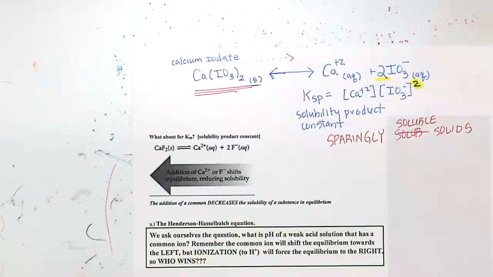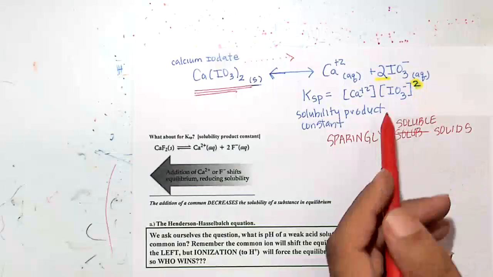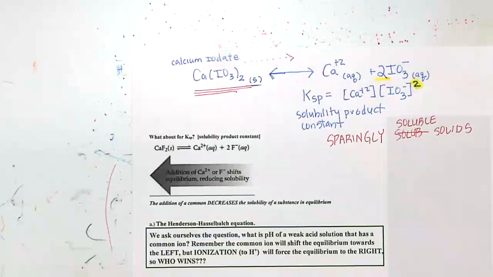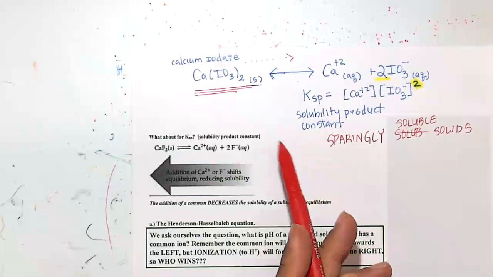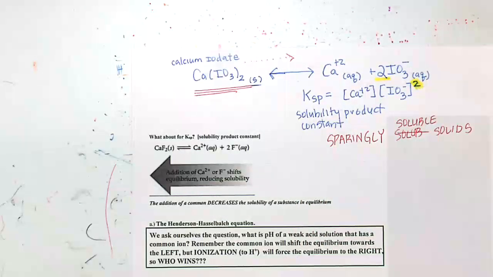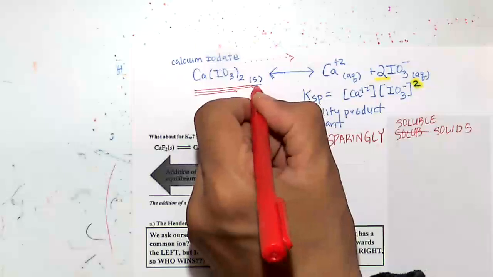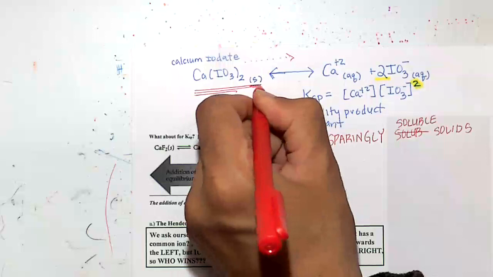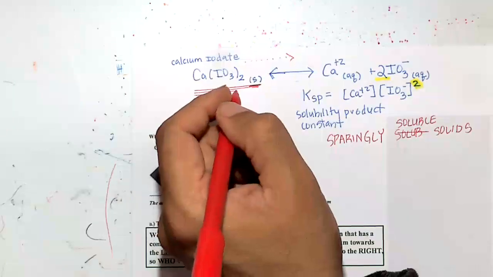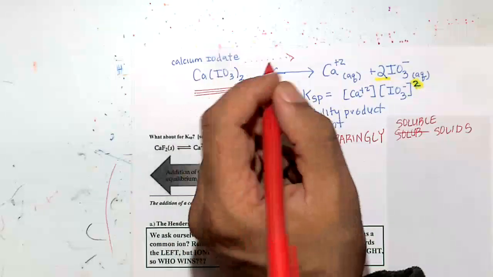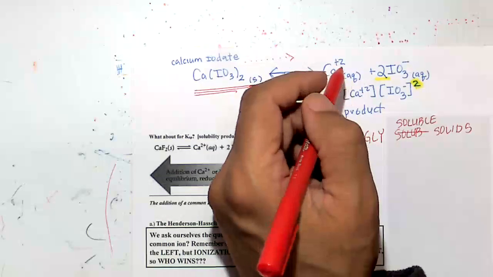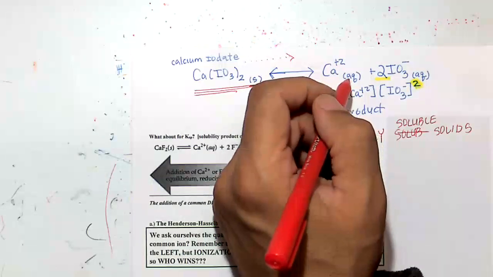You're measuring how much the iodate reacts, and through the reaction, you're trying to get a KSP. But KSP is for sparingly soluble solids. What do you need here on the reactant side for a KSP? Solid. What will the solid go back to? It'll go back to its ions.